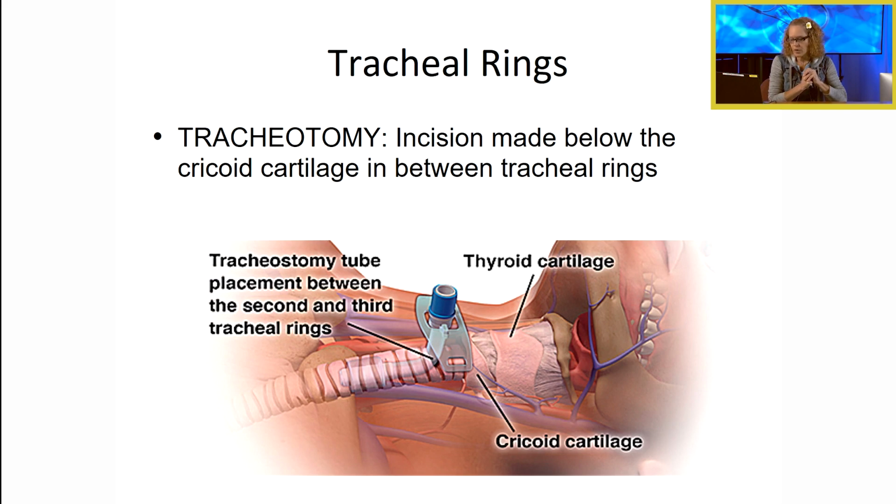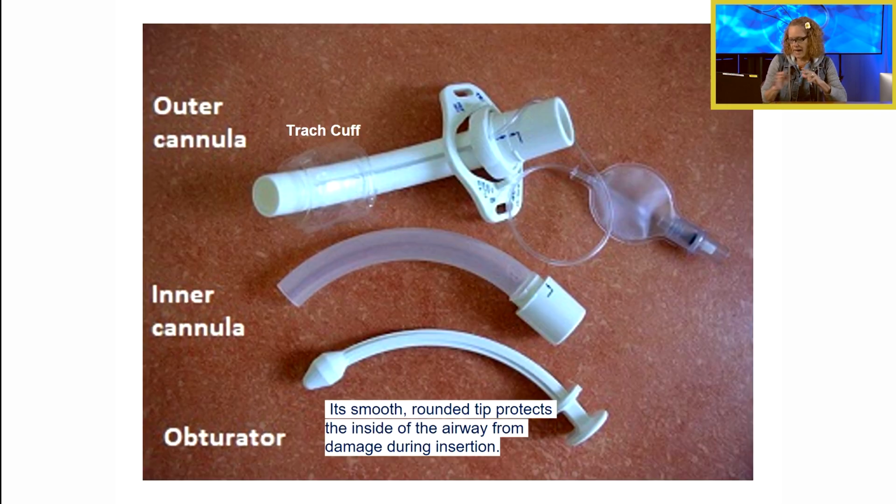And usually it's somewhere around the second and third tracheal ring that the tracheostomy tube is inserted. So in this image, you can see how the tube is inserted and how it sits inside the trachea.